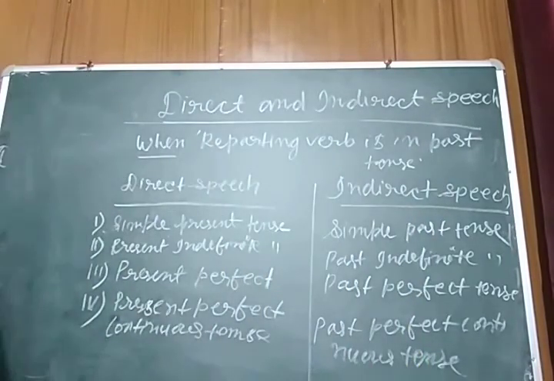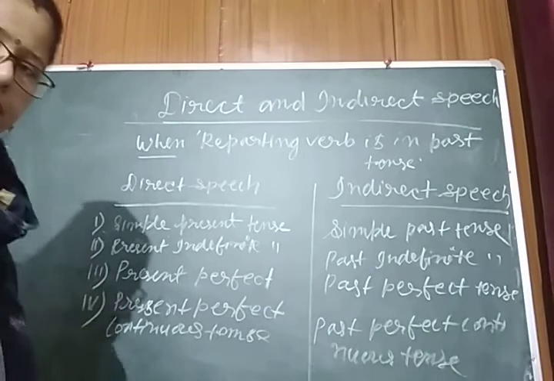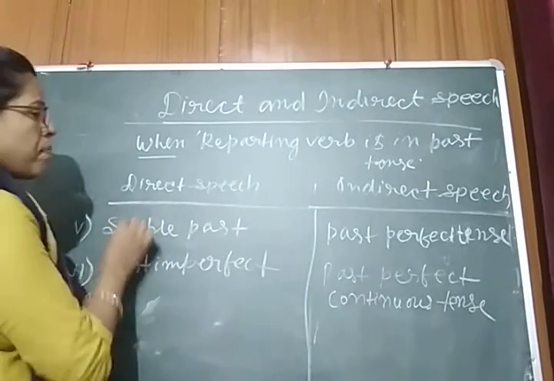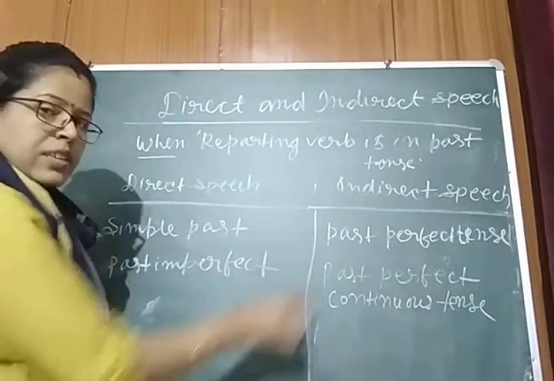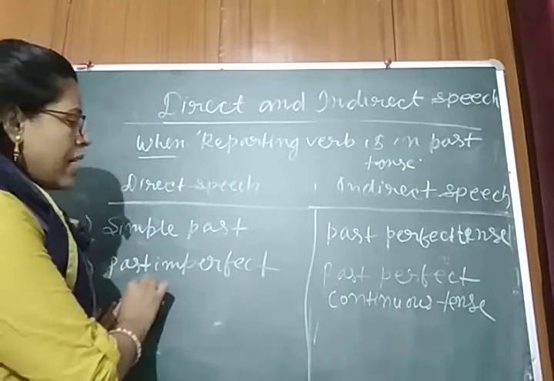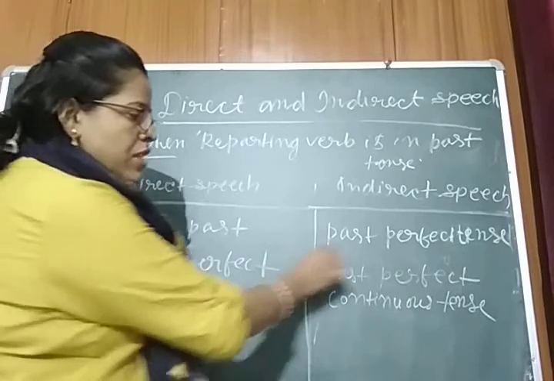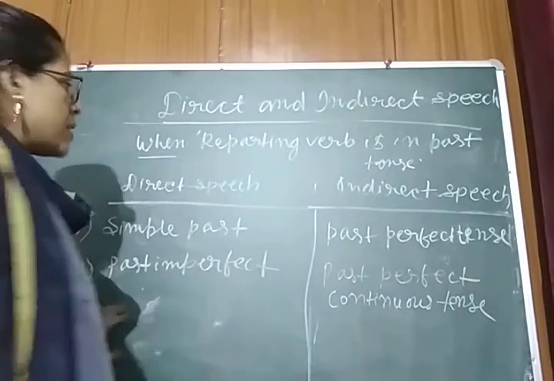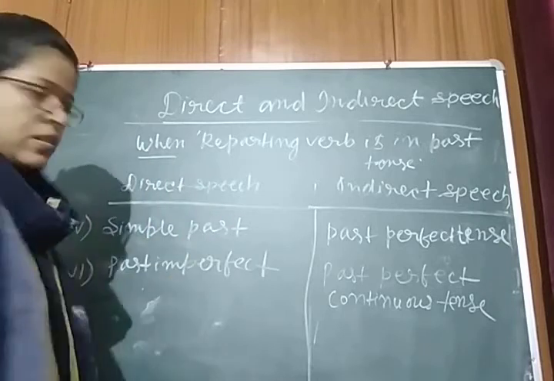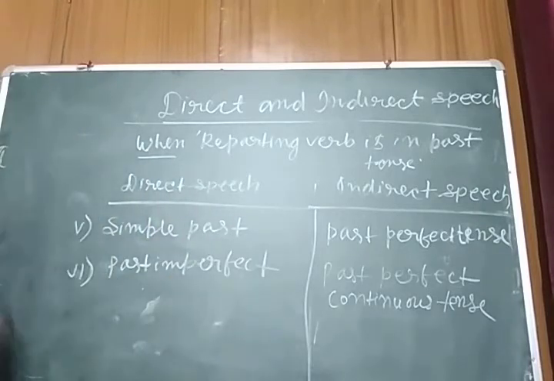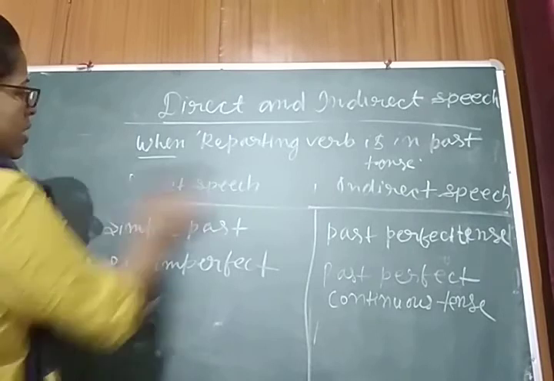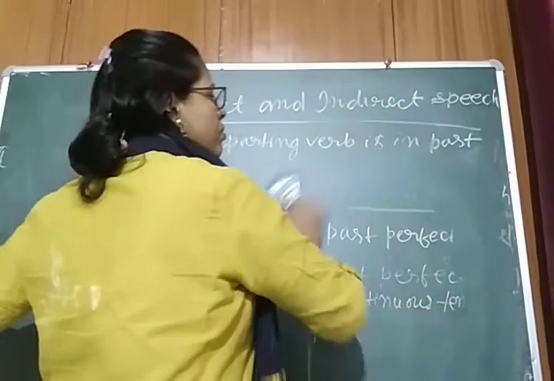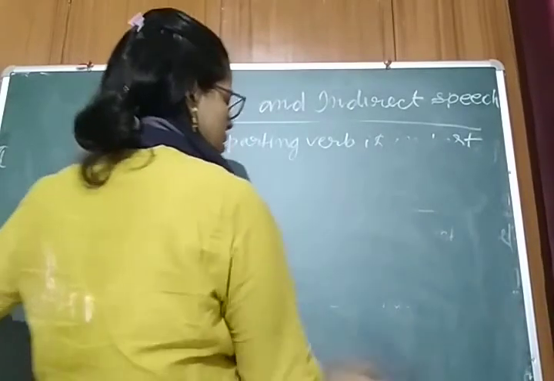Here, simple past tense will change into past perfect tense, and then past continuous tense will be changed into past perfect continuous tense. So these tables are very, very important. In order to understand this, you can learn this table. And now I am going to give you sentence examples.